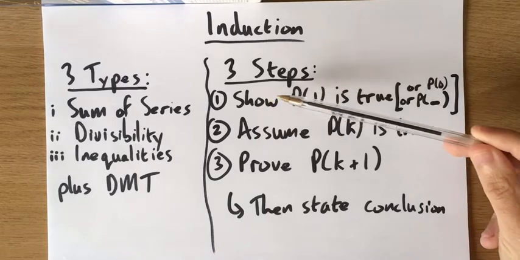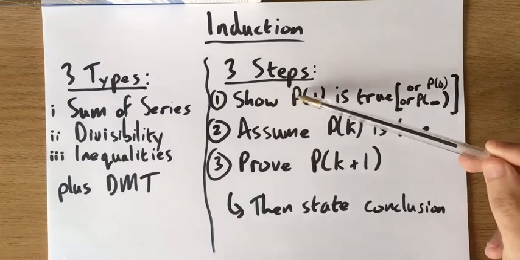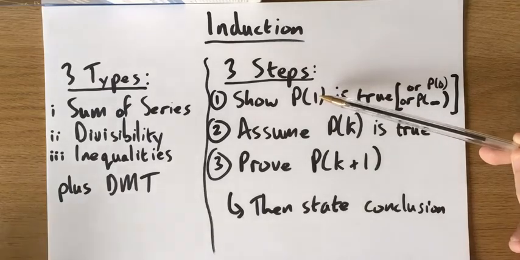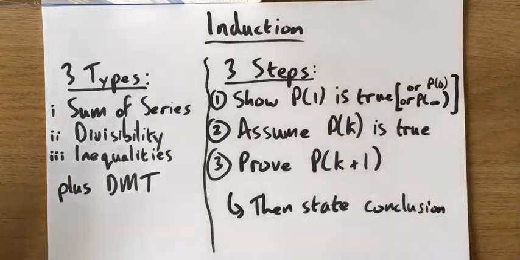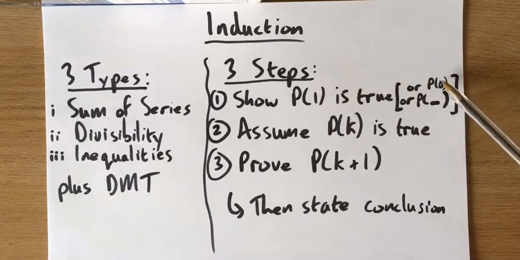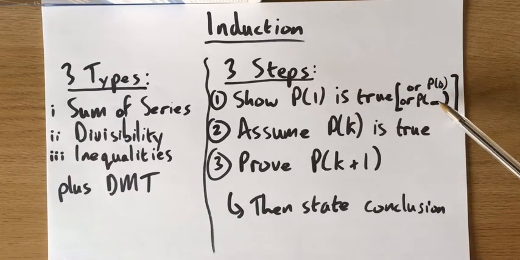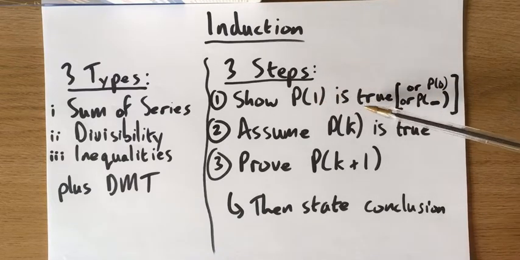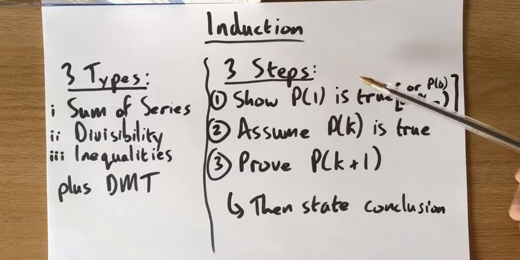First is to show that some first step is true. Quite often that is subbing 1 into something and then getting a left-hand side equal to a right-hand side. It's not always 1 that you'll sub in. Sometimes it's 0, sometimes it's some other number. You're going to get that from the question, but you'll sub some number in to show that it's true.